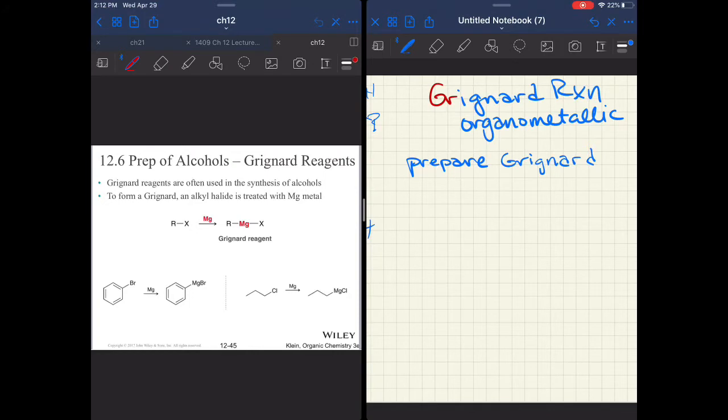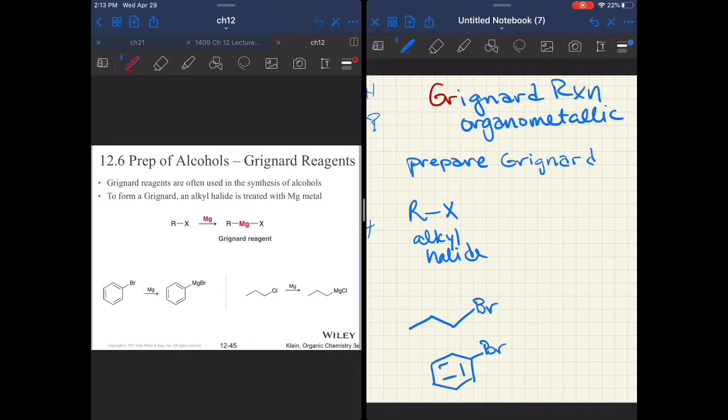You start with an alkyl halide. Now, most of the time, you're going to see me use a bromine, right? So this can be any sort of alkyl halide. There's a specific one. And I also like that they point this out because sometimes it's hard to manipulate benzene rings, but a bromobenzene can also participate in this reaction.